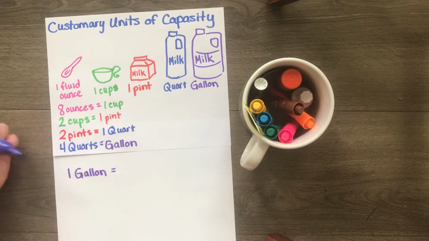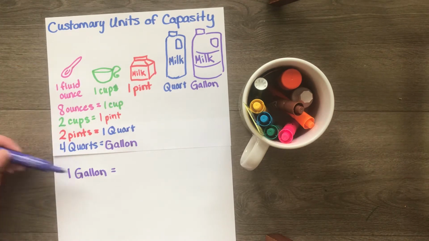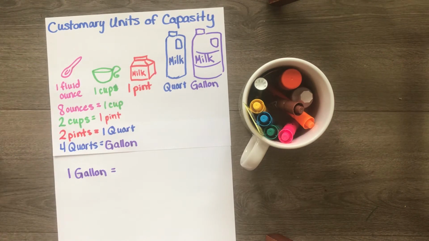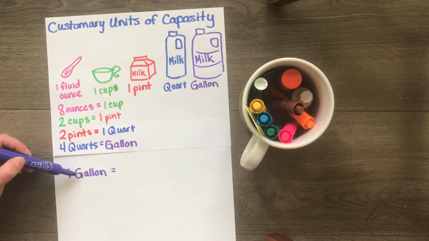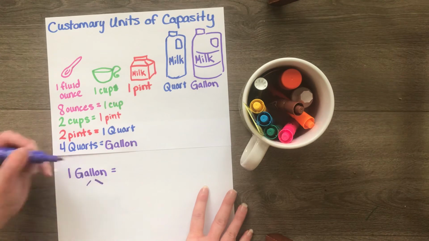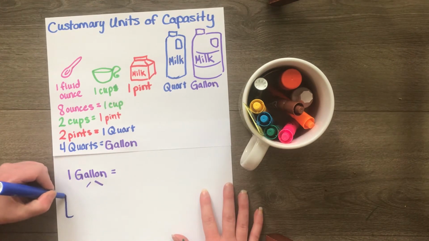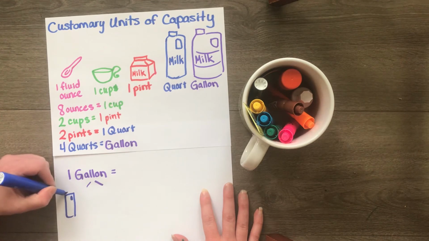Because I knew that I needed that much for the people that were coming, I want to know how many cups I need in order to fill up my gallon. So let's dissect this a little bit. I know that inside 1 gallon, there's 4 quarts, right? So I'm going to draw my quarts here.